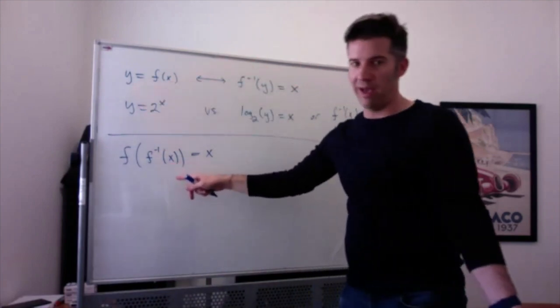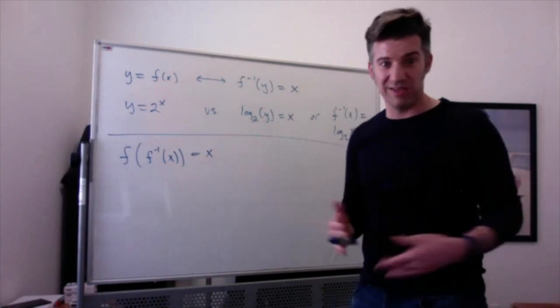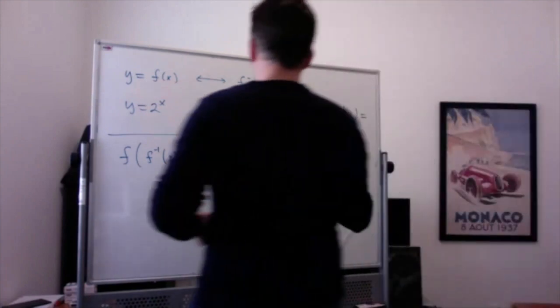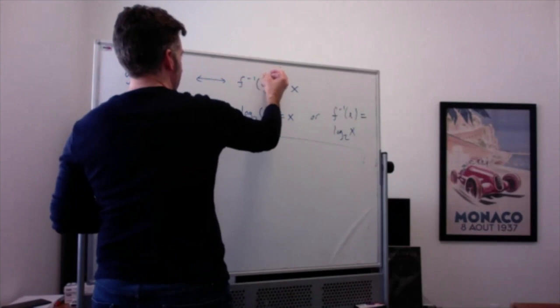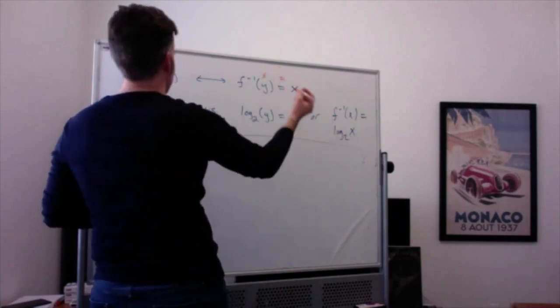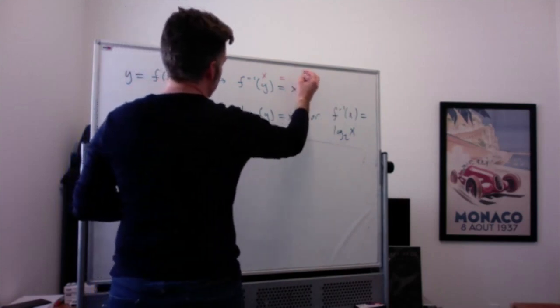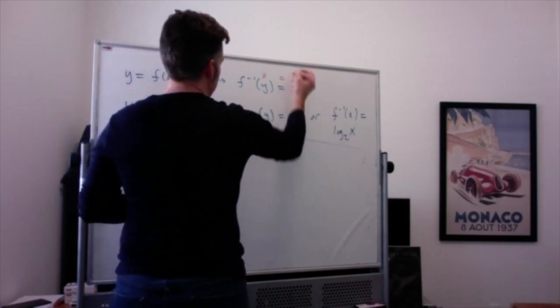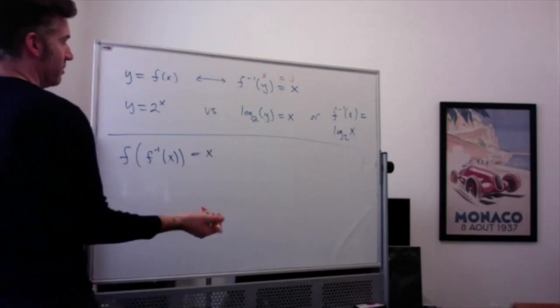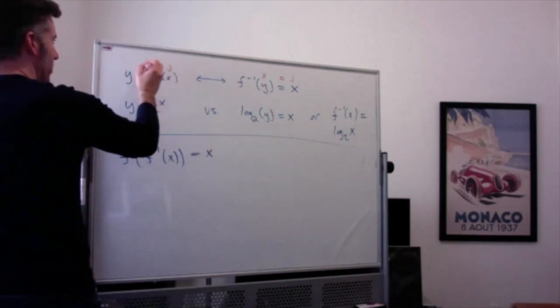But we're using x instead, because the notation is just easier. So I could also say f inverse of x is equal to something else, like, I'm not going to use y, so let's say it's equal to j. That's the same as saying f of j equals x.